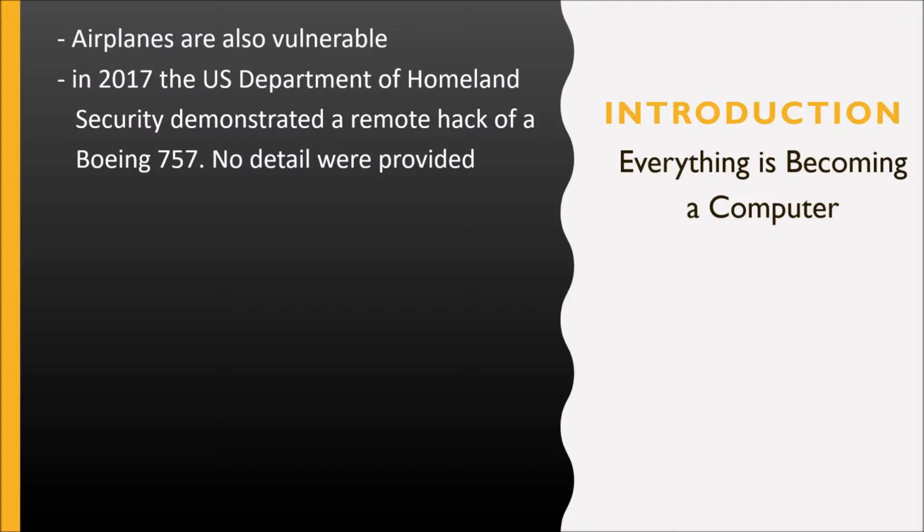So that's a vulnerability, because that piece of hardware and software, even though it's working well and it has its purpose, is not patched very often. Going back to the example, the details were not provided. Of course, they don't want to give anybody any idea. However, I'm sure they shared the findings with the Boeing company.